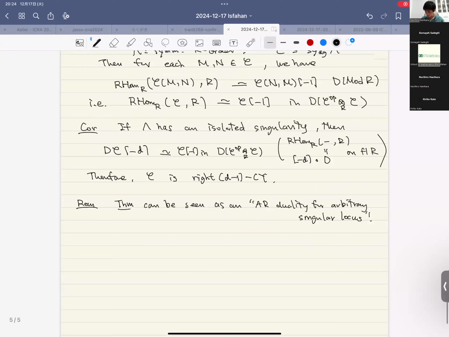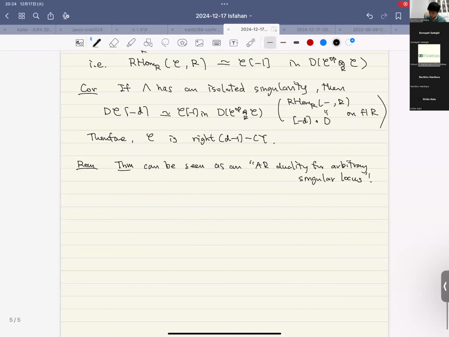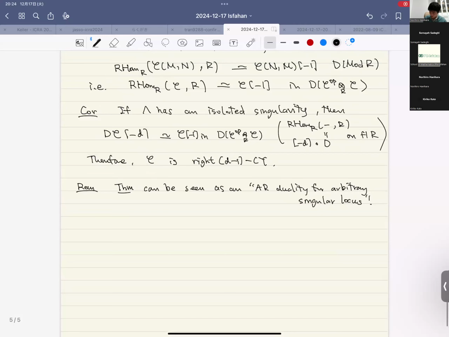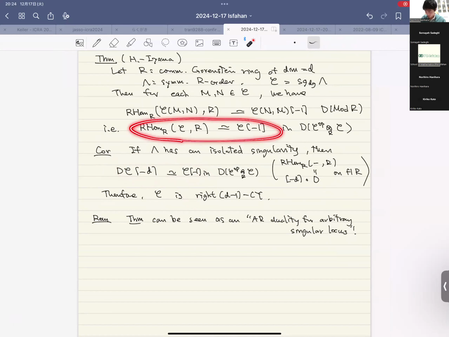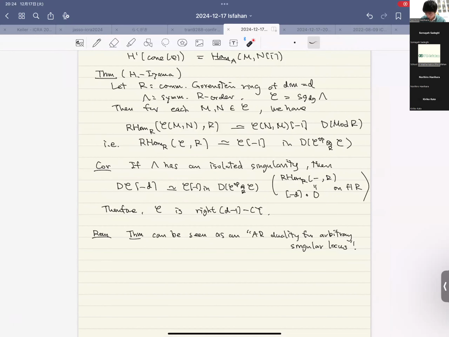For example, taking the cohomology of this isomorphism reduces to the ordinary duality in the singularity category, but taking the zeroth cohomology of this isomorphism only yields a certain spectral sequence, and not a simple way of describing the duality at the triangulated category level.